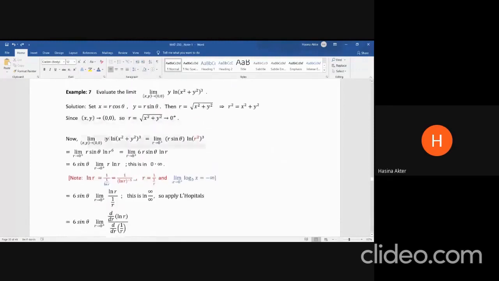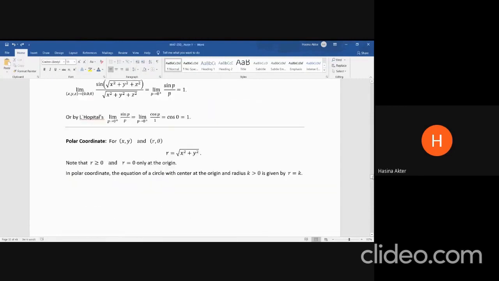For example, look at this thing. You have x squared plus y squared, and you have y. If you set x squared plus y squared equal to z, how are you going to eliminate y by z? This is a different scenario where you have to change the coordinates from rectangular to polar.